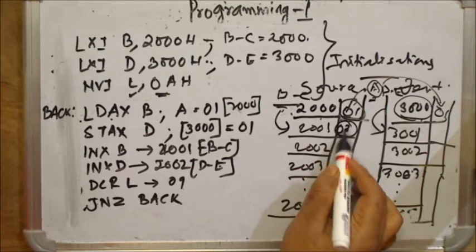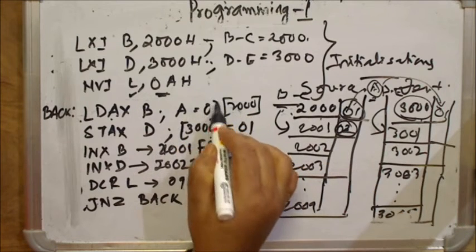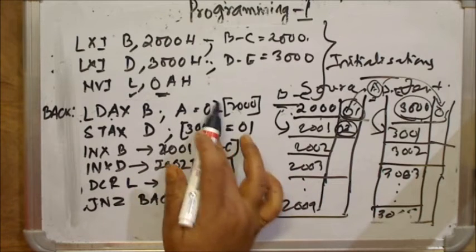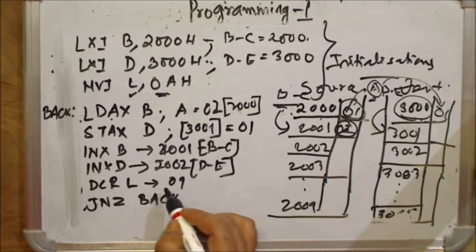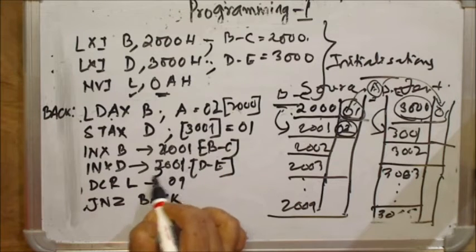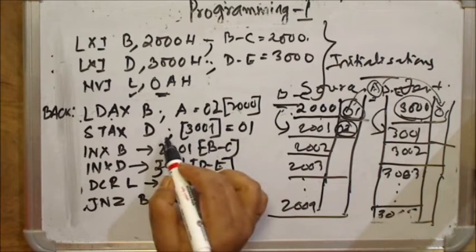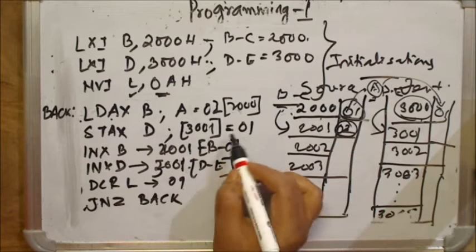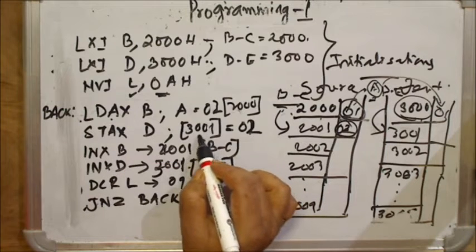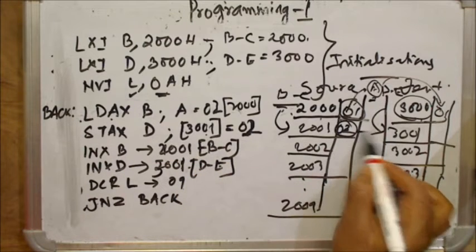Suppose here it was 2. Now A will be loaded with 2. Okay, and STAX D. Now DE pair, after I write this, will be 3001. Now the data of A will get stored in 3001. That is, 3001 will get 02.